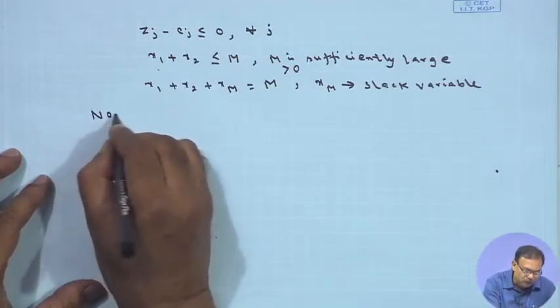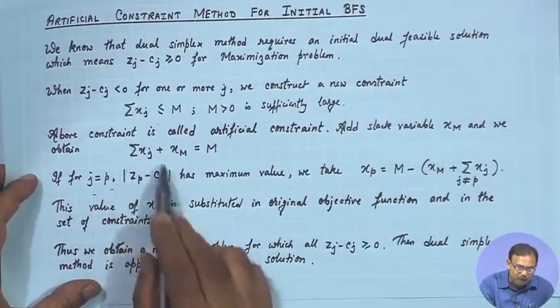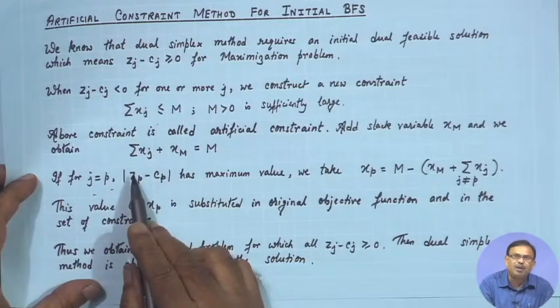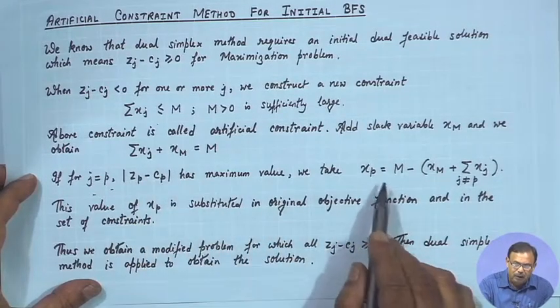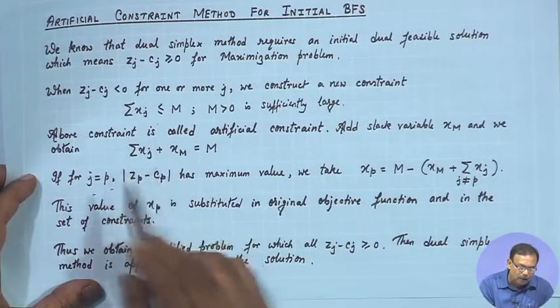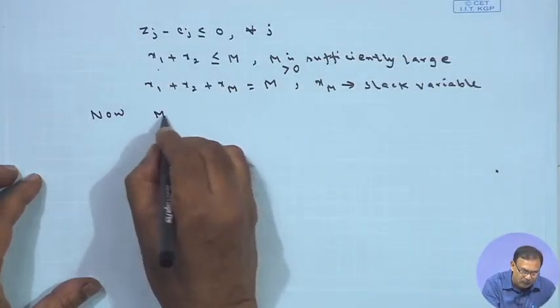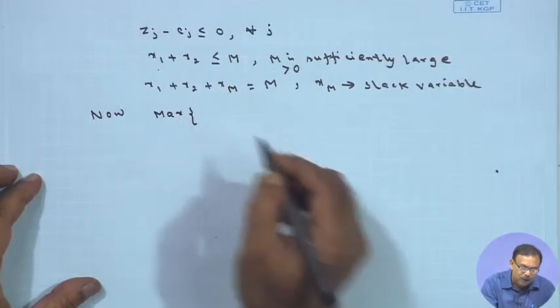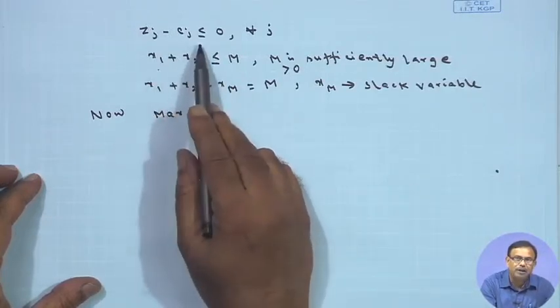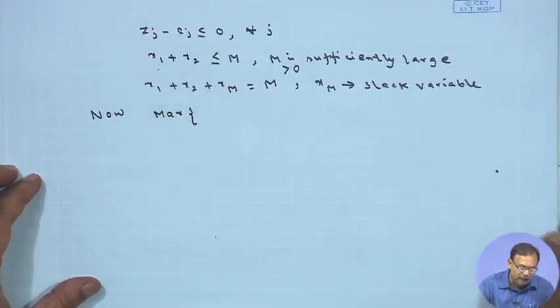Now, what was your next step? I have to find out for which j equals p, the modulus of z p minus c p has the maximum value, and that variable will be replaced. So I have to calculate the modulus of z j minus c j and take the maximum of that. j is only 1 and 2, because you have taken only two variables x 1 and x 2.